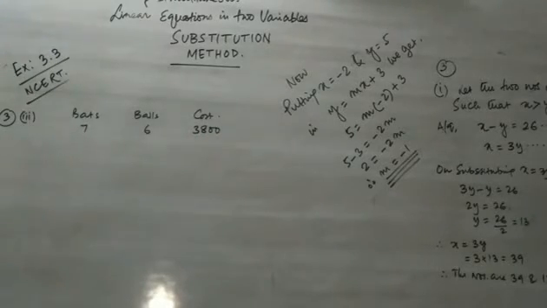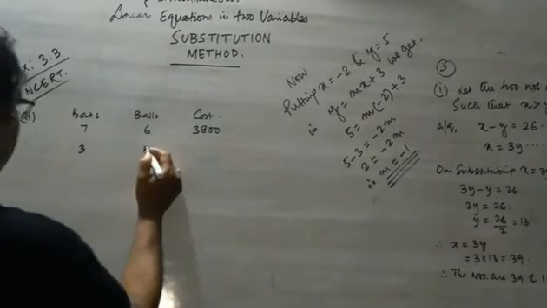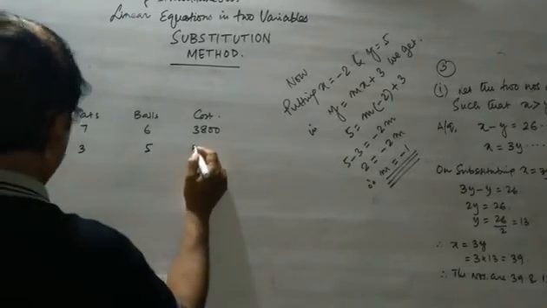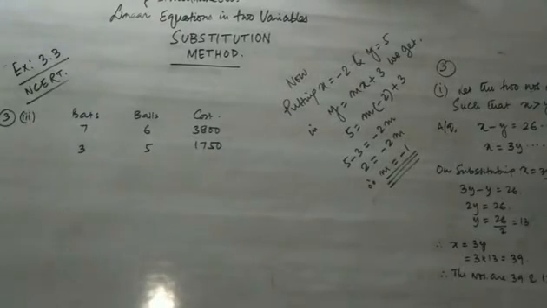The coach buys 3 bats and 5 balls for rupees 1,750. Find the cost of each bat and each ball.